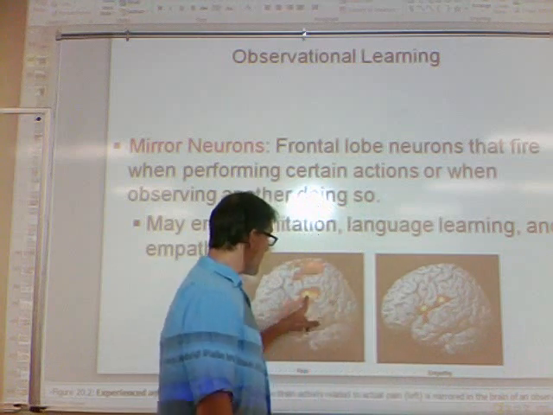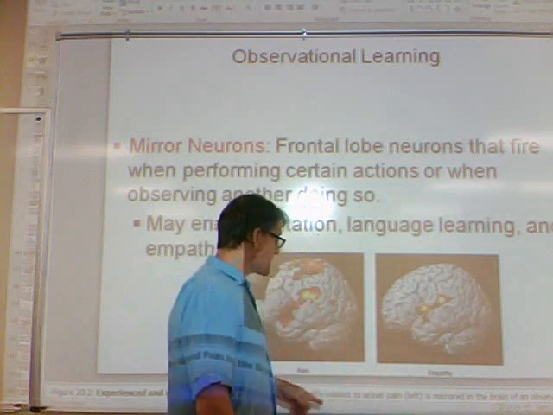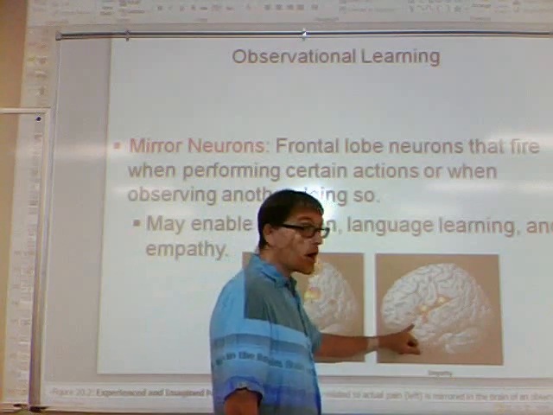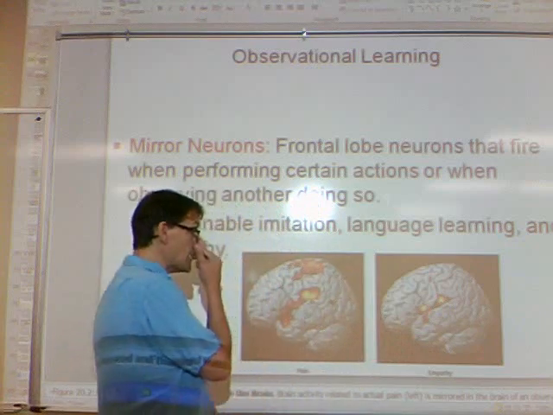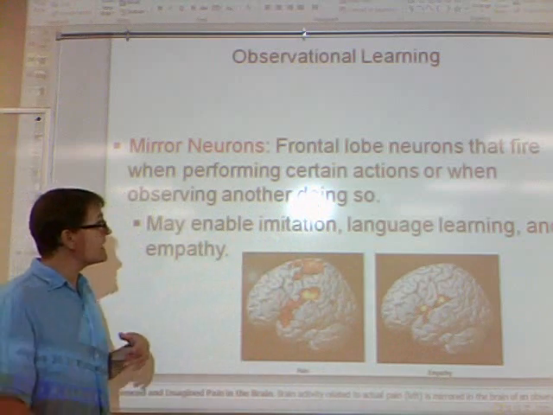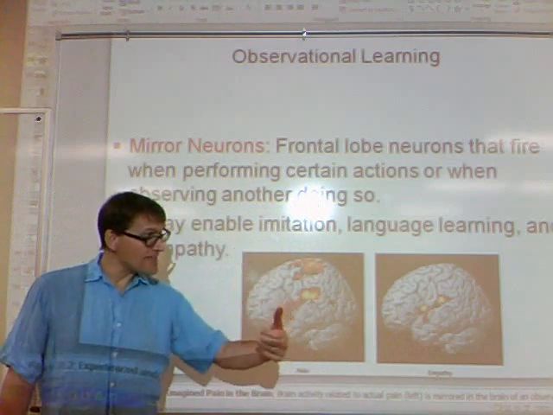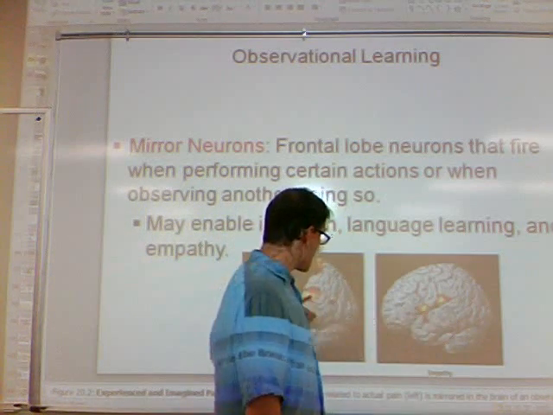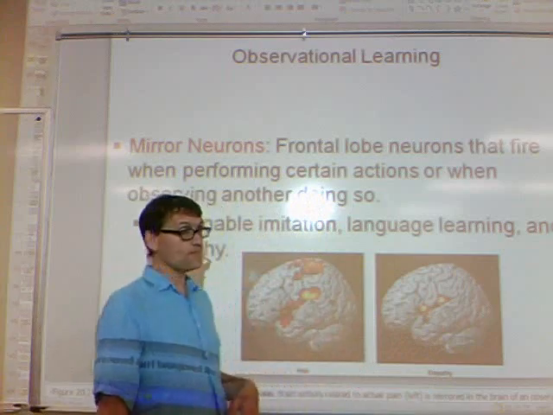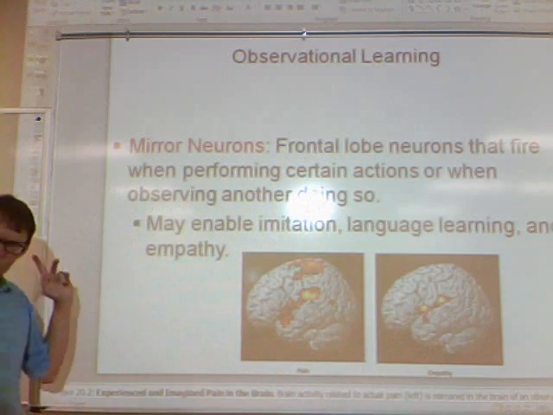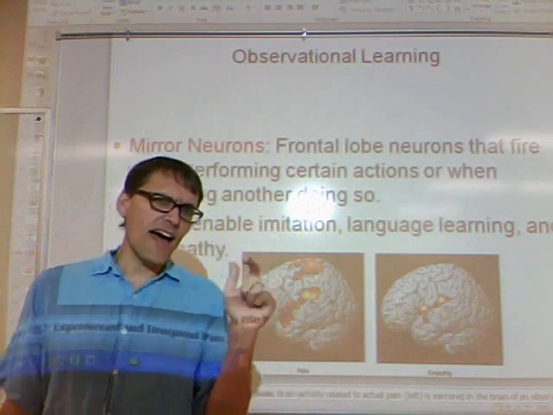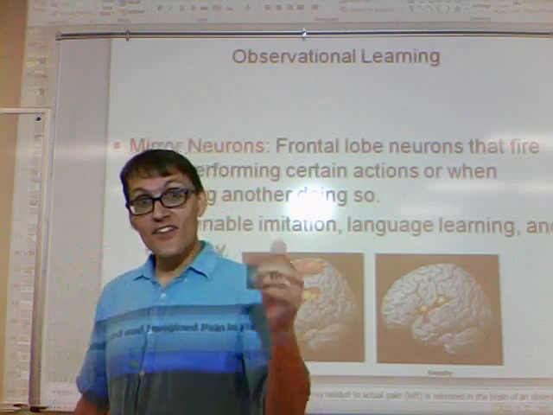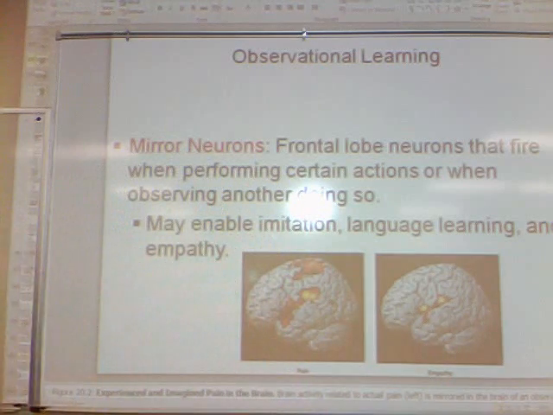Empathy. Very similar overlap. Huge overlap between the actual act of feeling pain and the act of watching someone you love in pain. So the notion that we are uniquely designed to learn from other people is the result of the mirror neuron system. It's a very cool one. Again, if you take my biological psych class, this one is not just a slide, this one is a whole lecture. Good stuff.